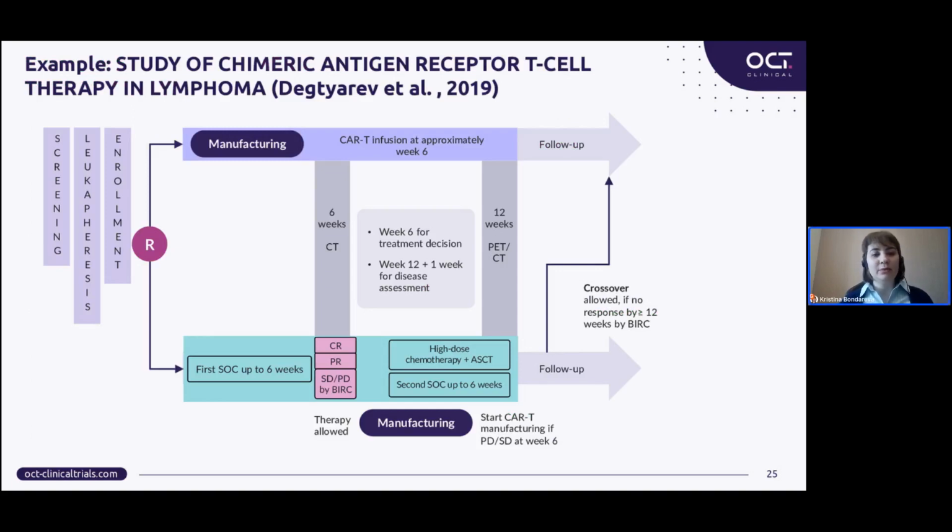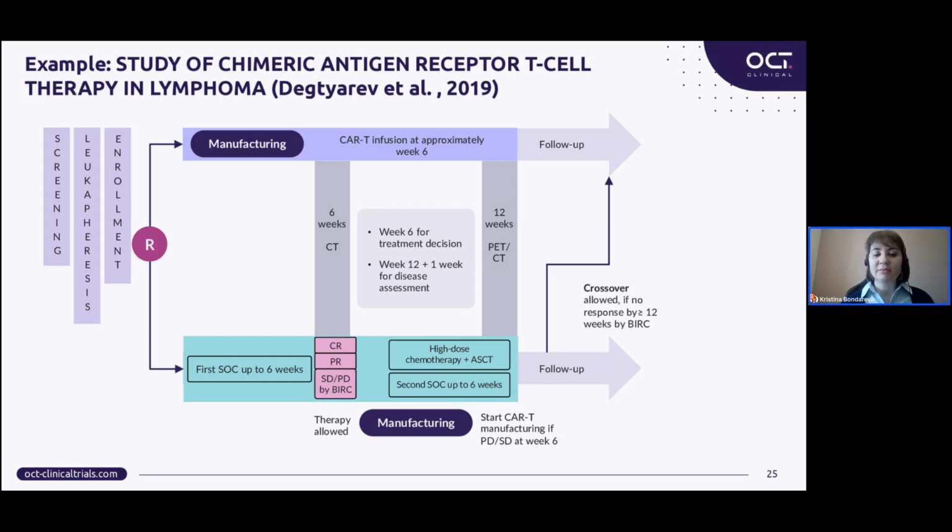The example I will present is related to chimeric antigen receptor T-cell therapy, or CAR-T for short, in diffuse large B-cell lymphoma indication. And the example is meant to describe how the estimand framework could actually help design such a study.